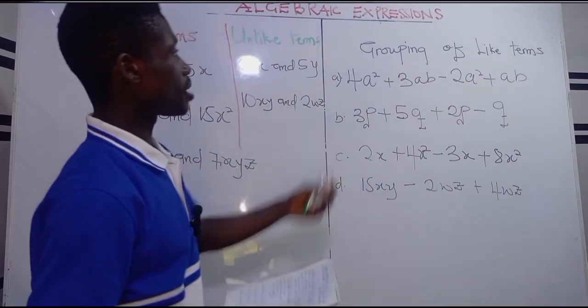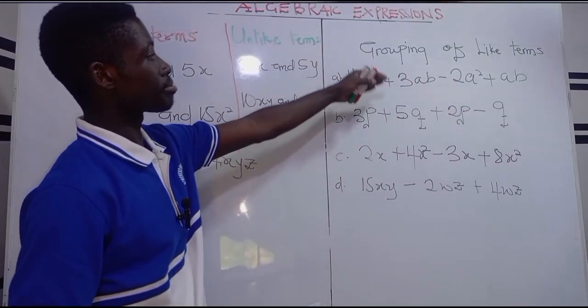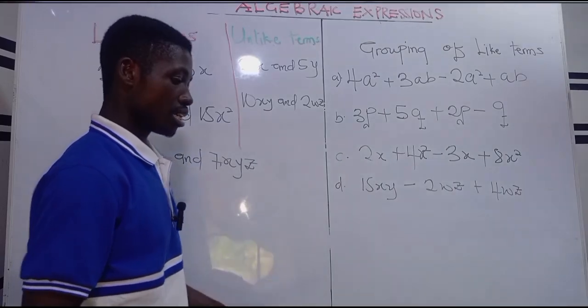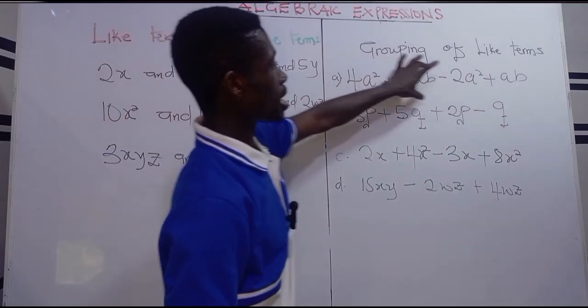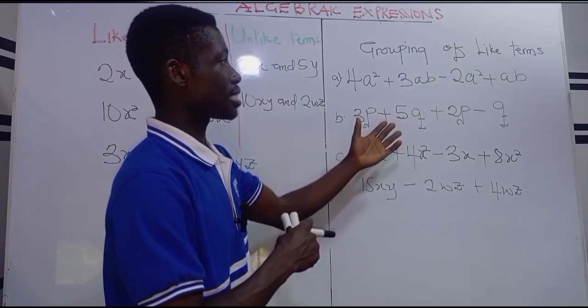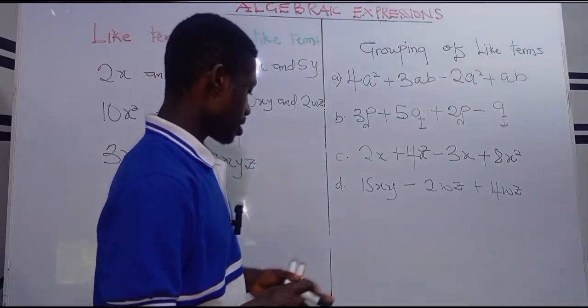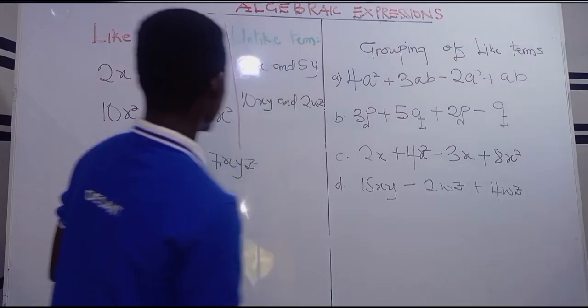So we have some few examples. We are going to group this algebraic expression into like terms and then unlike terms. So let's take the first example and then see how it goes.